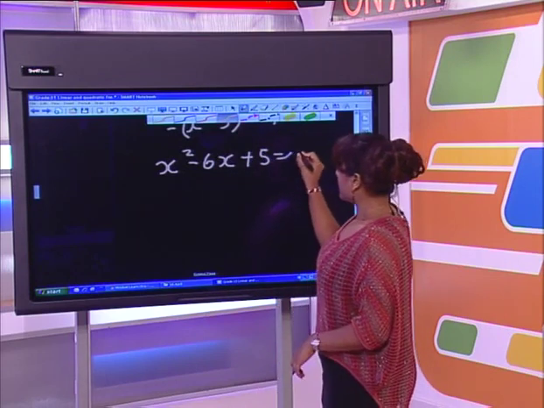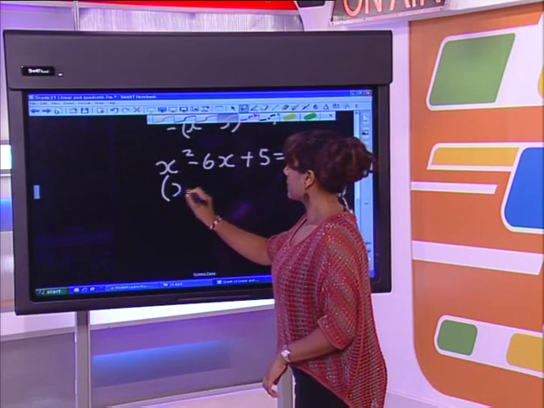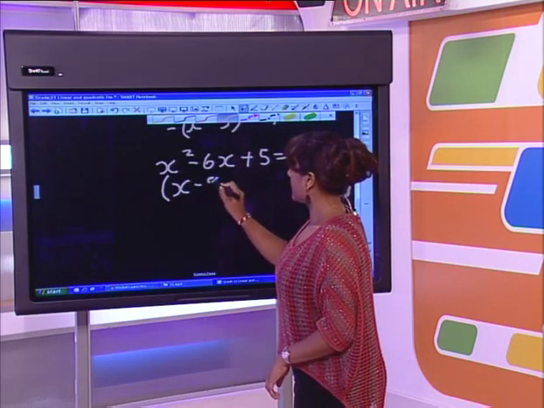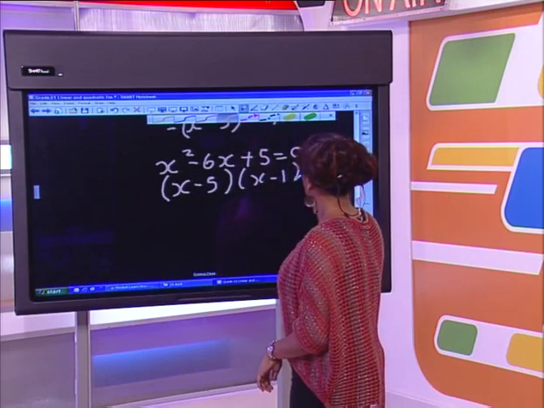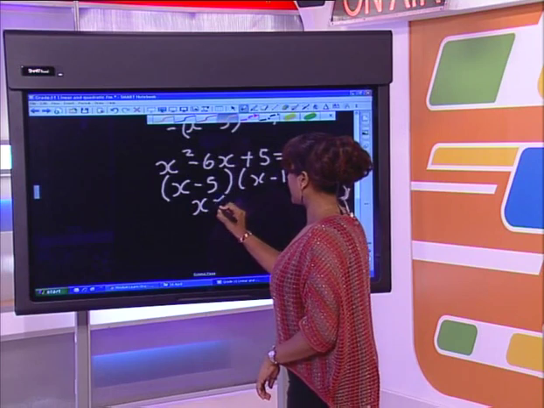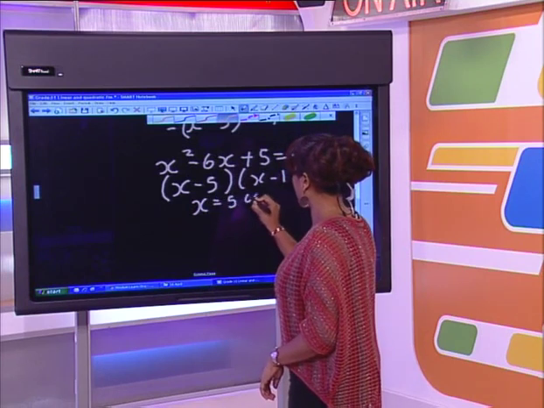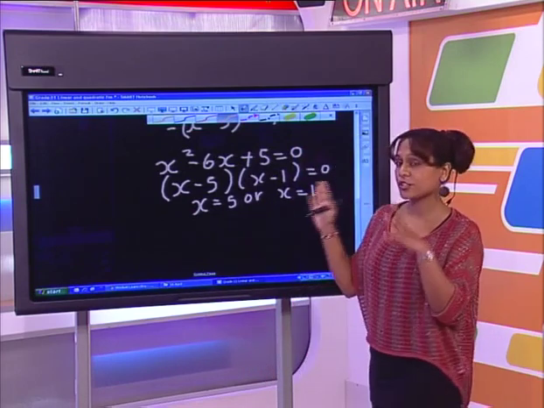We let y be equal to 0, and we factorize and solve for x. So we get x minus 5 times x minus 1 is equal to 0. Therefore, x is equal to 5, or x is equal to 1. Those are our two x-intercepts.